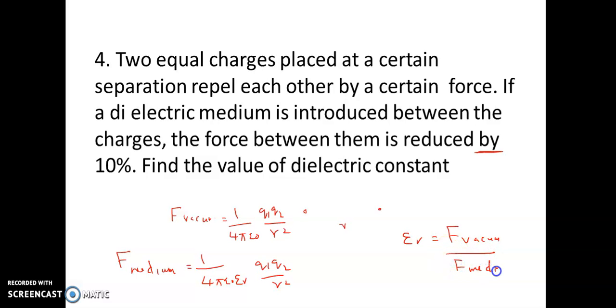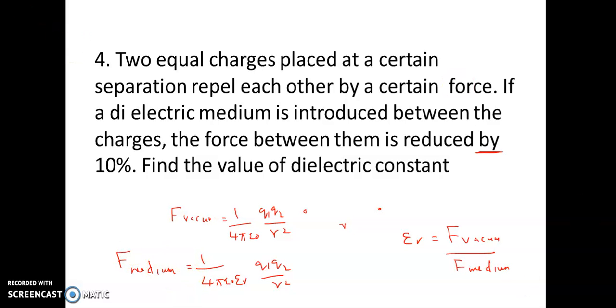So ഇവിടെ F vacuum നമ്മളൊരു particular F vacuum എന്നെടുത്തു. F medium എന്ന് പറയുന്നത് അതിന്റെ 10% reduce ചെയ്തിട്ട്, അതായത് 10% of F vacuum അല്ല, reduce ചെയ്തിട്ട് by 10% എന്നാണ്. reduced to എന്ന് പറയുമ്പോഴാണ് ഇതിന്റെ F vacuumത്തിന്റെ 10% ആയിട്ട് F medium എടുക്കേണ്ടത്.